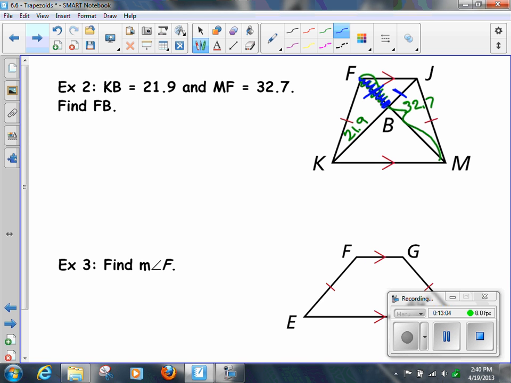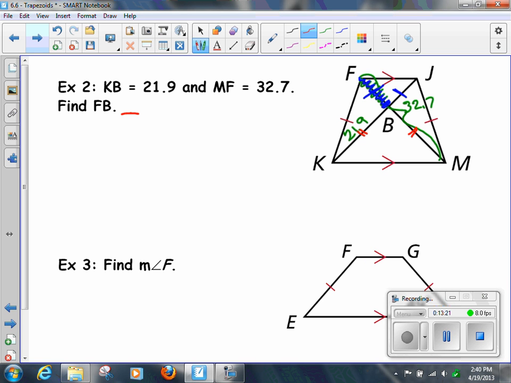And, hold that thought, KB is going to be congruent to MB, which means, that's exactly right.